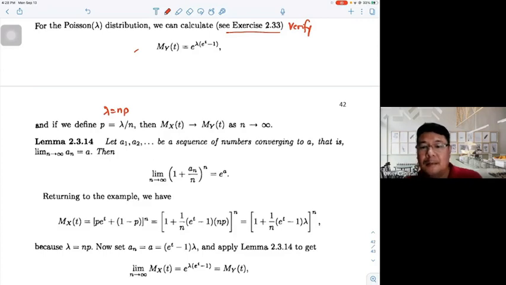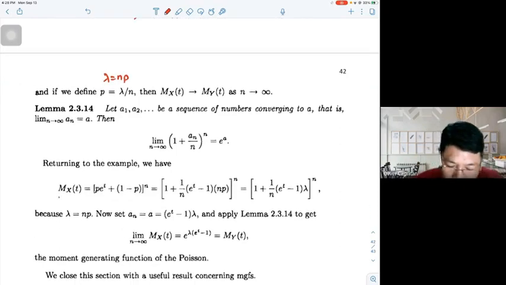in showing that the moment generating function converges. Okay, so this is the moment generating function of x. Itong part na to. Okay, so we can write this as 1 plus, we can factor out p here, then the remaining expression now, e to the t minus 1, quantity raised to n.